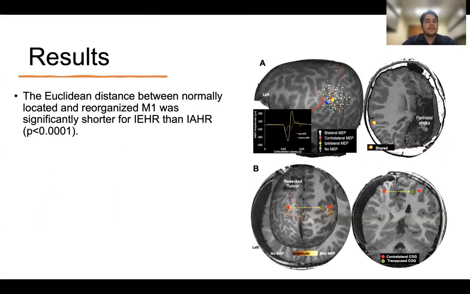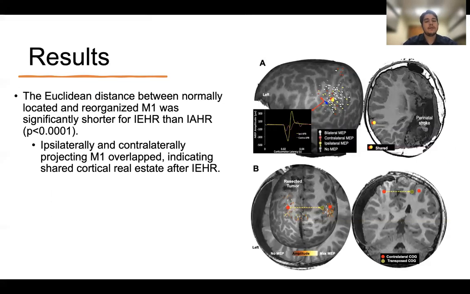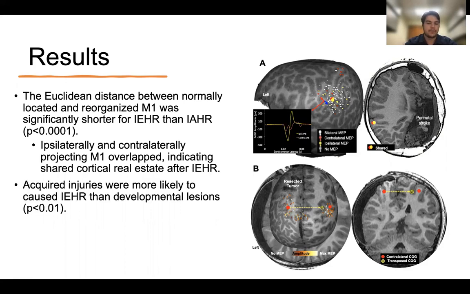For the results, we found that the distances between normally located and reorganized motor cortices was significantly shorter for interhemispheric reorganization, and these motor cortices overlapped. As you can see here, both the contralateral and the ipsilateral motor cortices overlapped, whereas here, when this was transposed in a subject with intrahemispheric reorganization, there was still quite a bit of distance between those two.